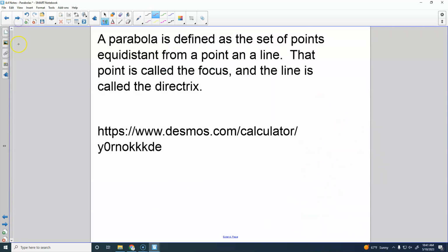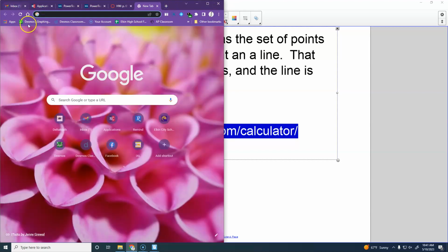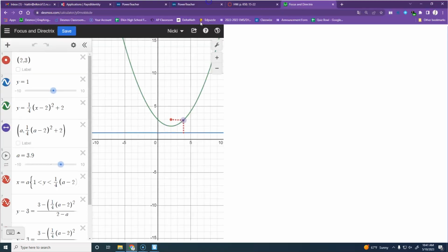So let's look at what a parabola is, which hopefully, well, let's see if this still works. I didn't test it. So I have made this Desmos graph that hopefully is going to come up whenever I put this in. Yes.